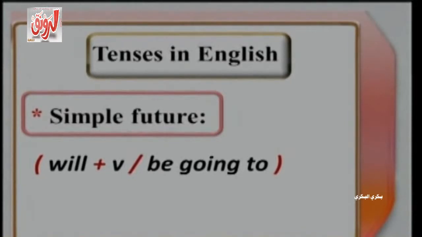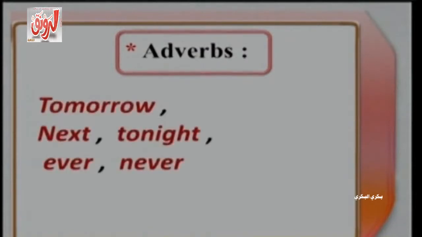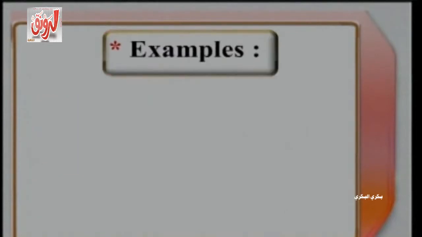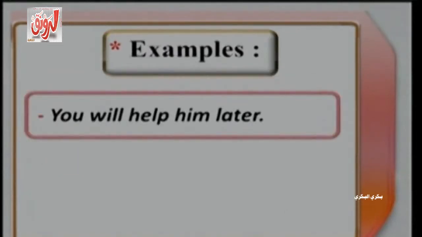Be going to means am, is, are going to. We see examples to make it clearer. The adverbs tomorrow, next, tonight, ever, never are indicators of future actions.